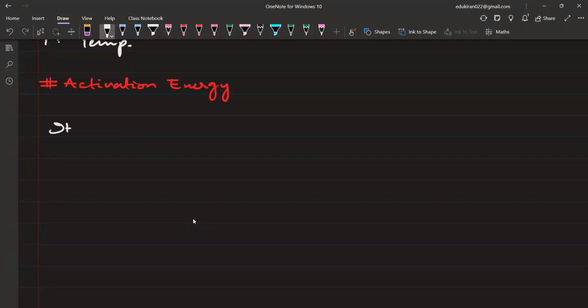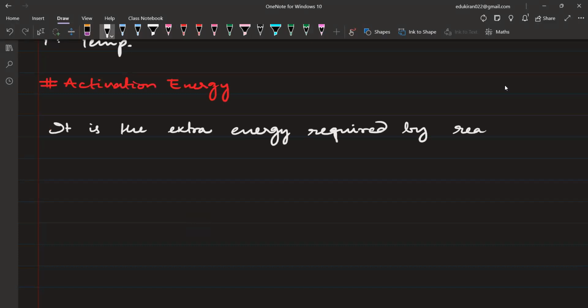It is the extra energy required by reactant molecules to achieve the threshold energy.